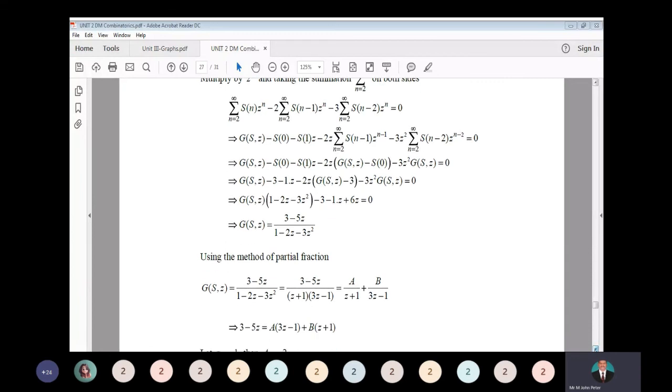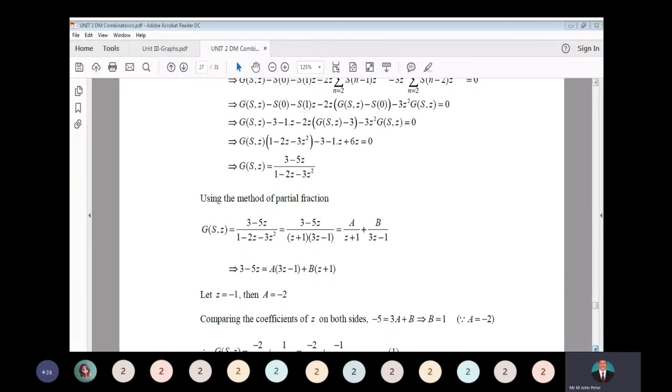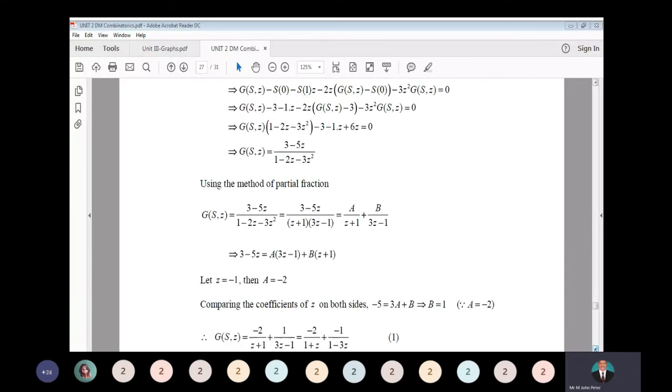Okay. So using the method of partial fractions for G of s comma z, the denominator is a quadratic equation, so we can apply partial fractions. The factorization is z plus 1 and 3z minus 1. Using that, the partial fraction is A by z plus 1 plus B by 3z minus 1. Take the LCM on the right hand side and eliminate the denominators on both sides.